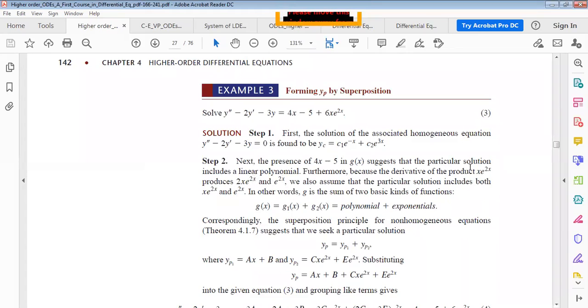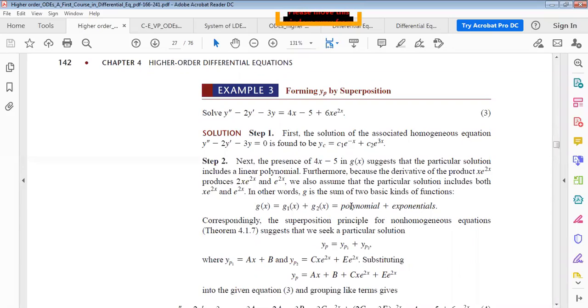So there are three functions mixed. You also assume that a particular solution includes both of these because this is a second order differential equation. The first derivative will consist of this, and the second derivative will be this. So in other words, z is the sum of two basic kinds of functions, z(x) is the sum of z1(x) and z2(x).